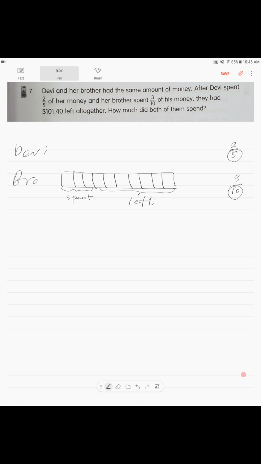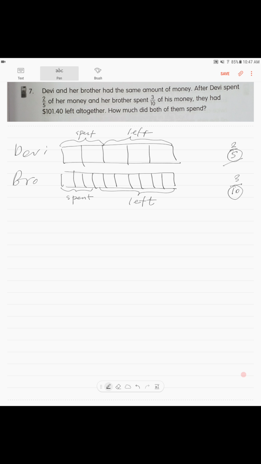And for Devi, if you want to bring them to the same denominator, you draw the same bar, but you divide it in 5 parts, right? 2 over 5. So this 2 over 5, 2 units is spent. So this is left, right?